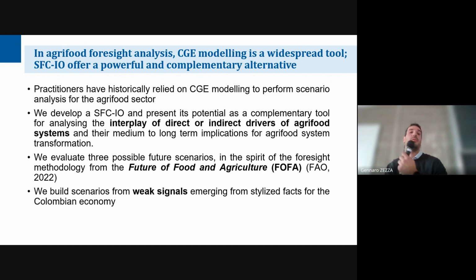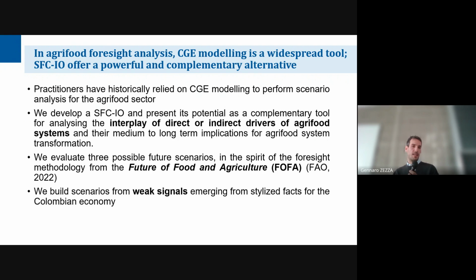But we wanted to develop a quite simple model, I would say, to show within the department where I work, which is the foresight analysis department at FAO, how the interplay of direct and indirect drivers of the agricultural system can be measured and explored using this methodology.